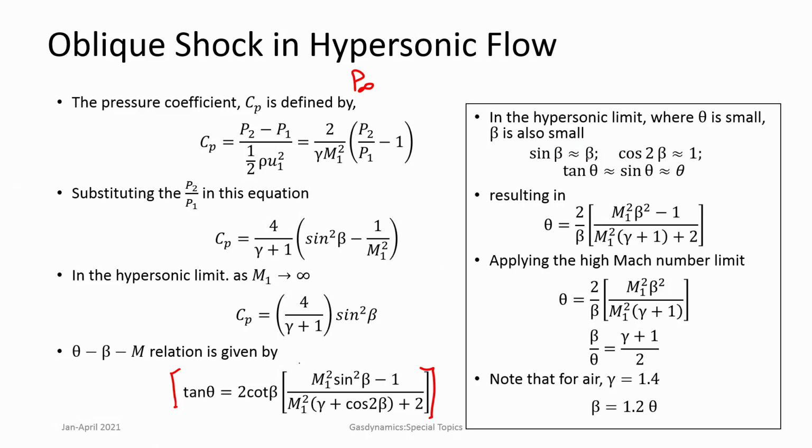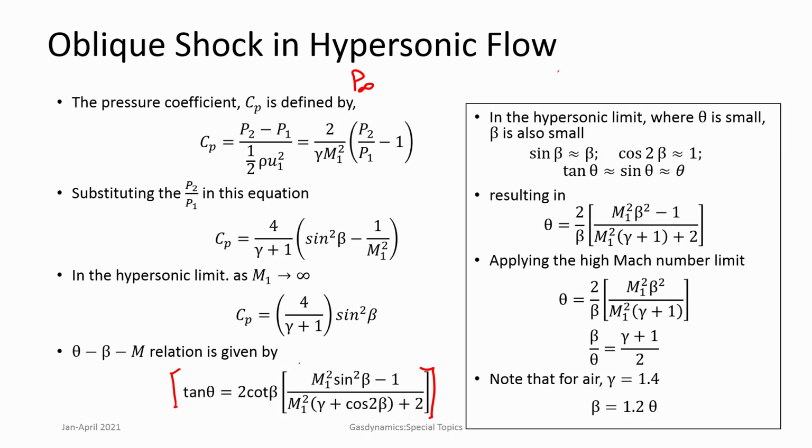Sin beta is approximately equal to beta, cos 2 beta goes as 1, tan theta and sin theta both approximate as theta. If you put those approximations into this equation, you get this particular result here, and then combine it with the fact that the Mach number is going to very high values, M1 tends to infinity, we get beta by theta is equal to (gamma plus 1) by 2, or if you put gamma as 1.4, this becomes beta is 1.2 theta.